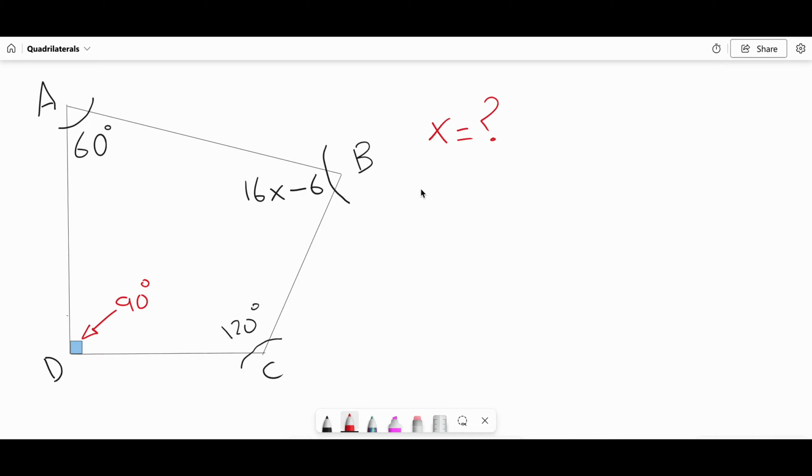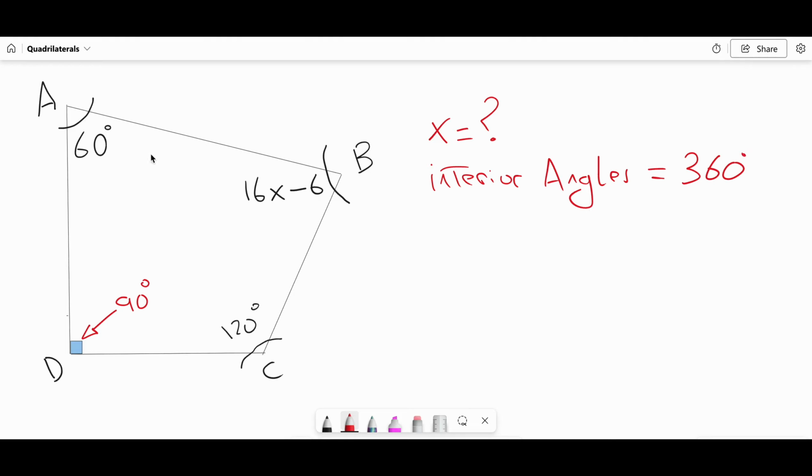Now we know that the interior angles of any quadrilateral are equal to 360.